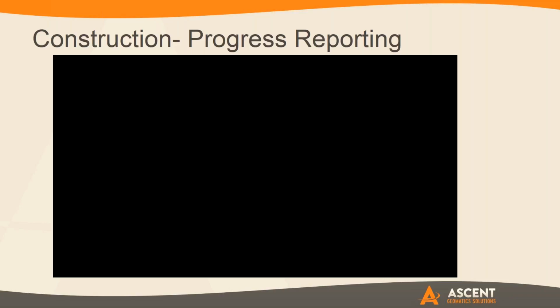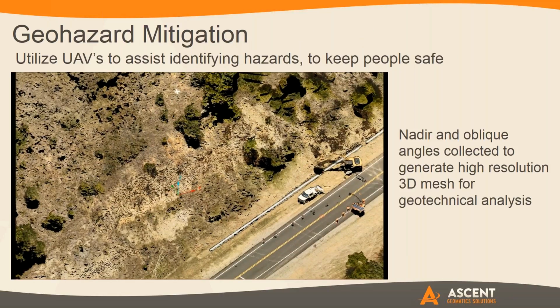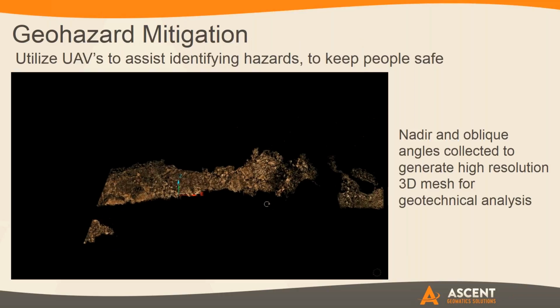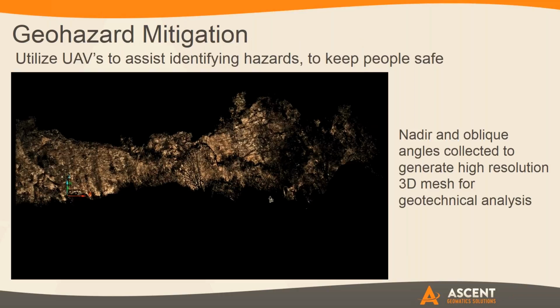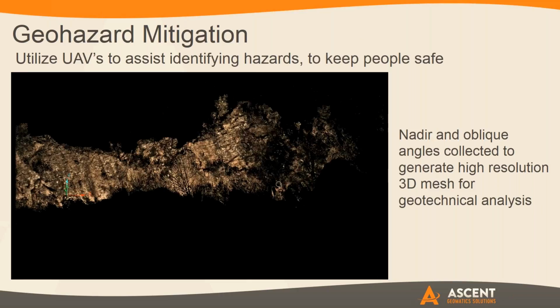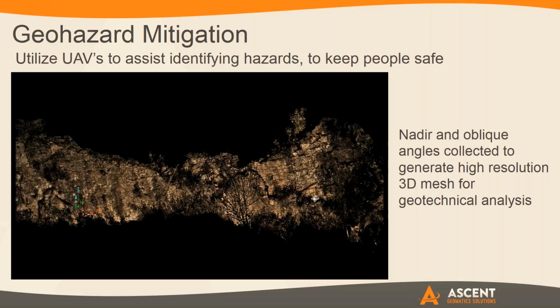Yep. So this next piece, I actually had a conversation with somebody that worked for an engineering firm, and they were asking if there are any uses for UAVs and or LiDAR for more geotechnical type of work. So, Owen, I know you worked on this project. Maybe you could talk just quickly about what's happening here. Yeah, definitely. This was a project where we were contracted out.